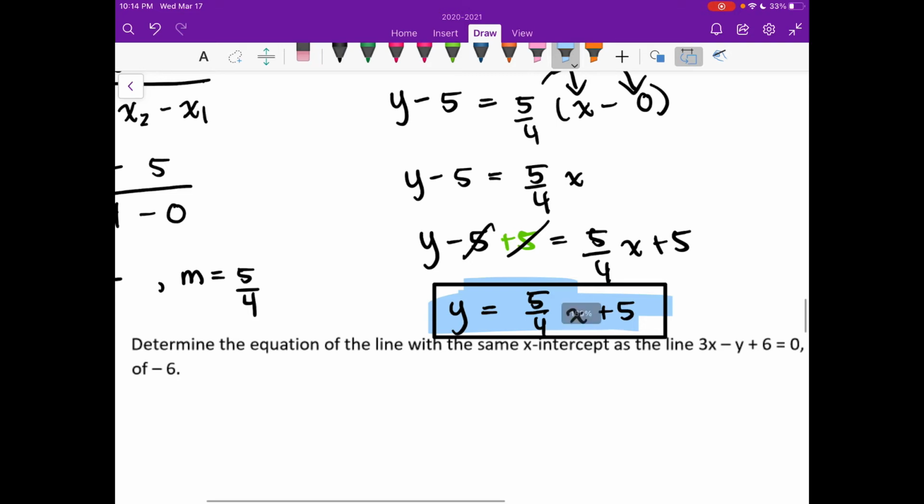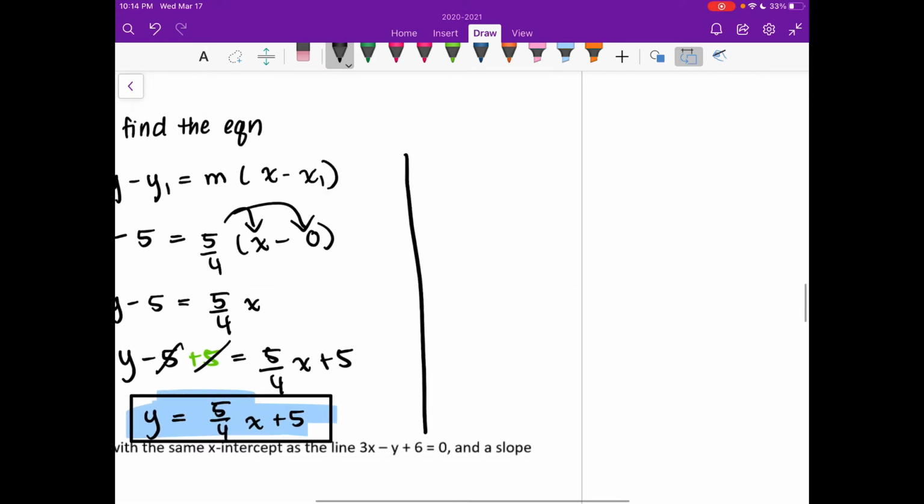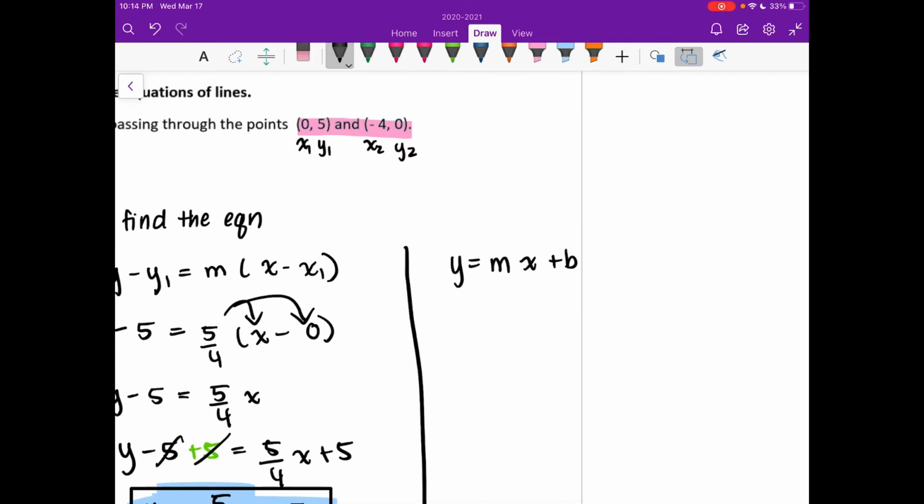Another way you could do this, using the same logic of y equals mx plus b, is to look at it and say, okay, I have the b value, and the b value is the y-intercept. So I know b is equal to 5.